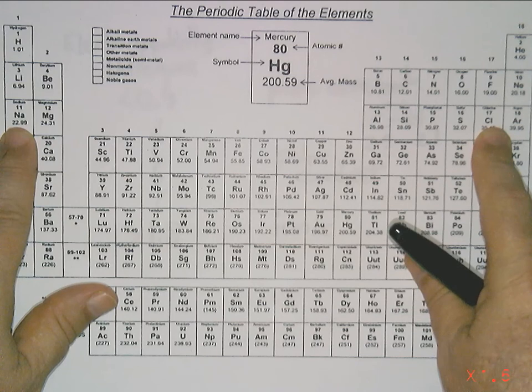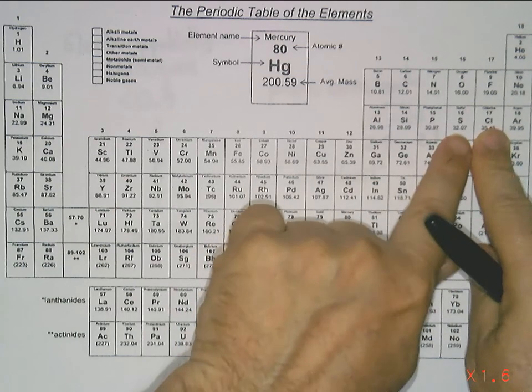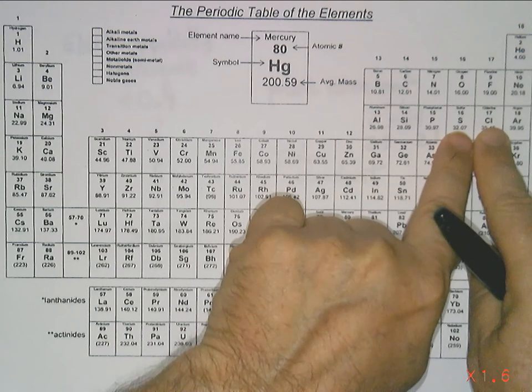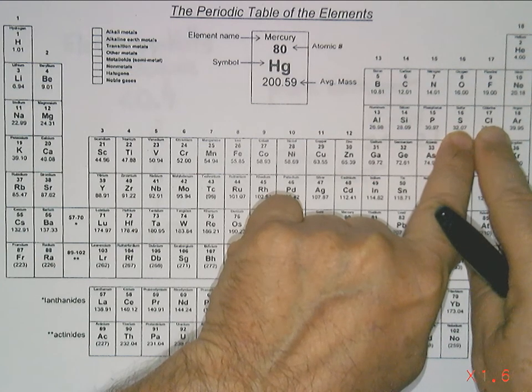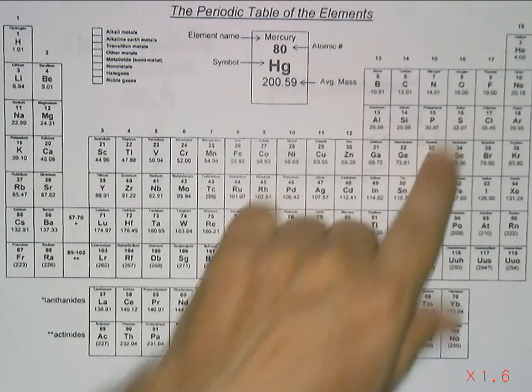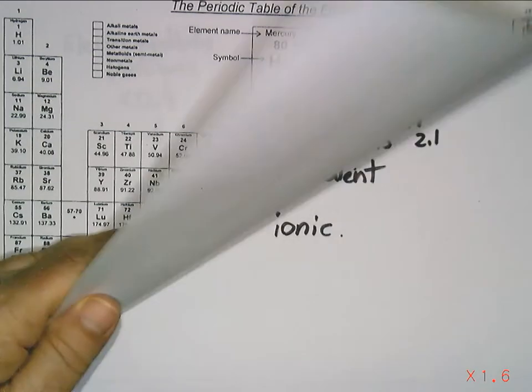And that's going to make this an ionic compound. But if you've got something closer, like sulfur and chlorine, they're very close on the table, so there's going to be a smaller electronegativity difference. So that's probably going to be more of a covalent. That's definitely not going to be an ionic compound.